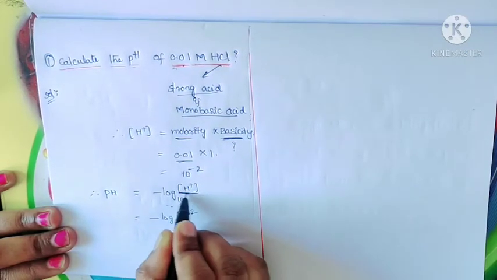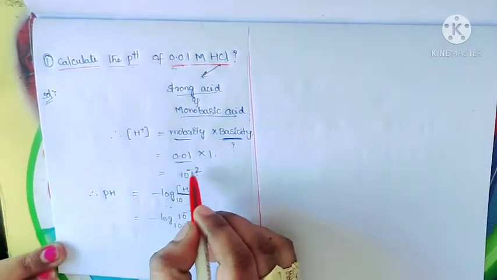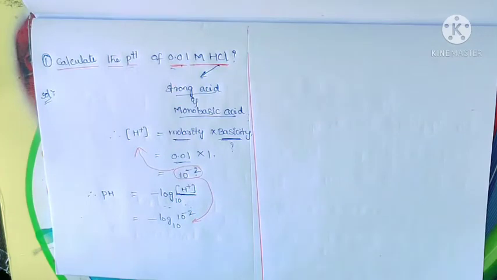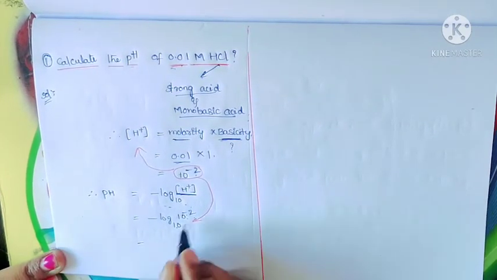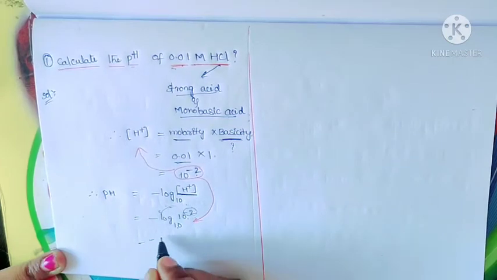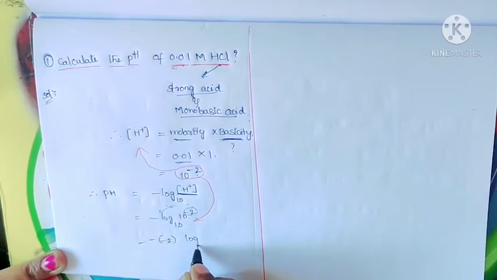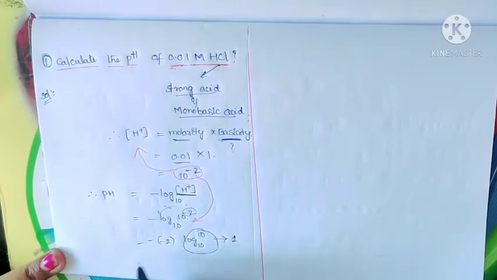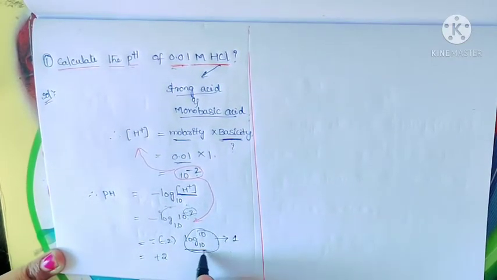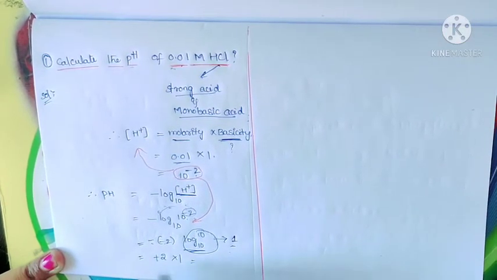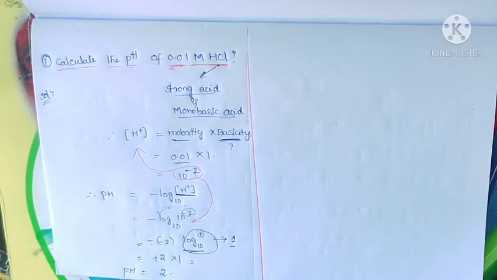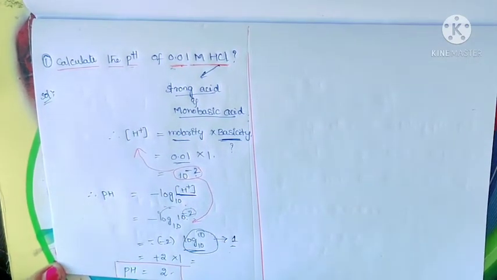Writing it like this: minus of minus 2 log 10. Log 10 value is 1, as we already know. So minus of minus 2 is plus 2. So the pH value is 2. The 2 is the pH of 0.01 molar HCl.